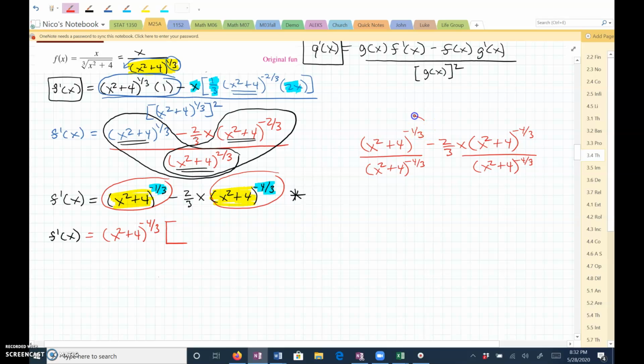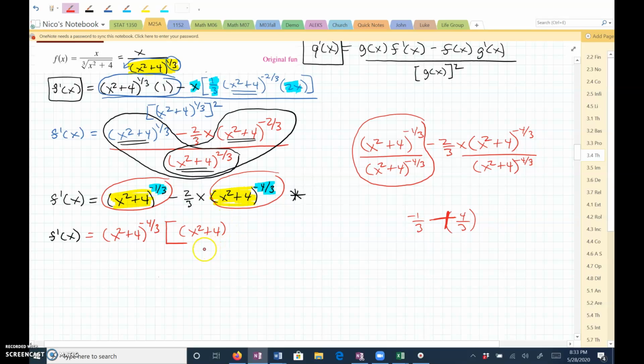So this first one, again, this is when you divide like bases, you subtract the exponents. So we're going to be left with x squared plus 4 to the, let's see, negative 1/3 minus negative 4/3. That's going to be plus, so that's going to be 3 over 3, which will be 1. So that's going to be the first power.